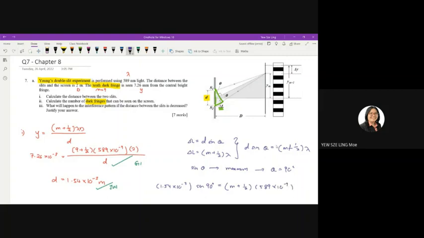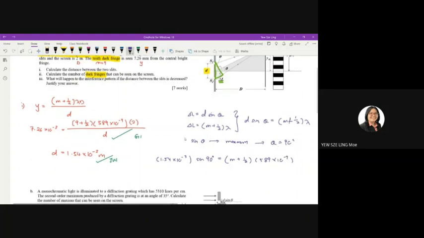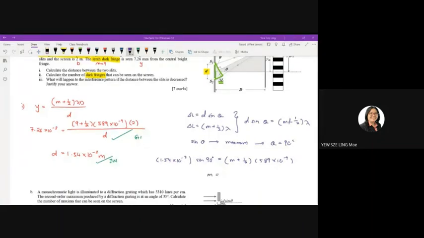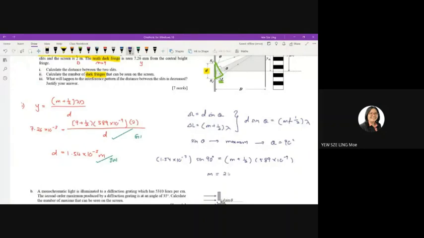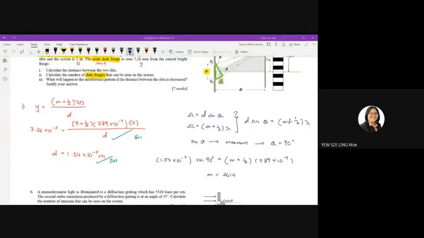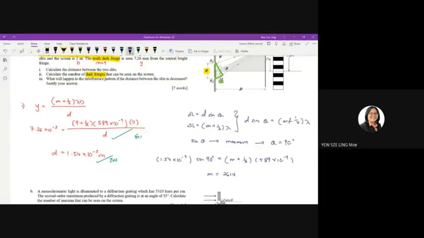That is our lambda. So if you rearrange the equation, you should obtain m equals 2614. So 2614 order.